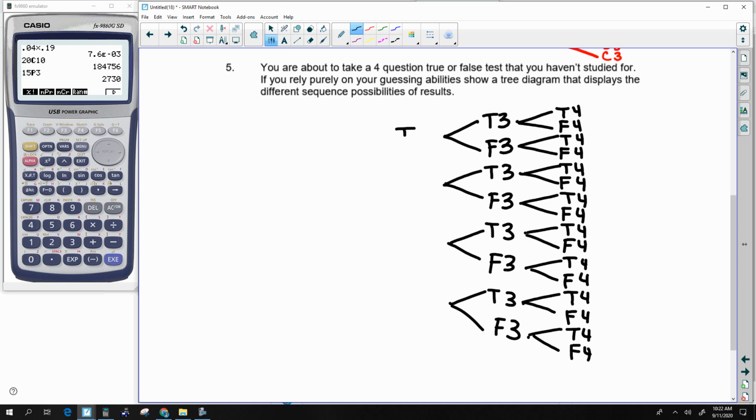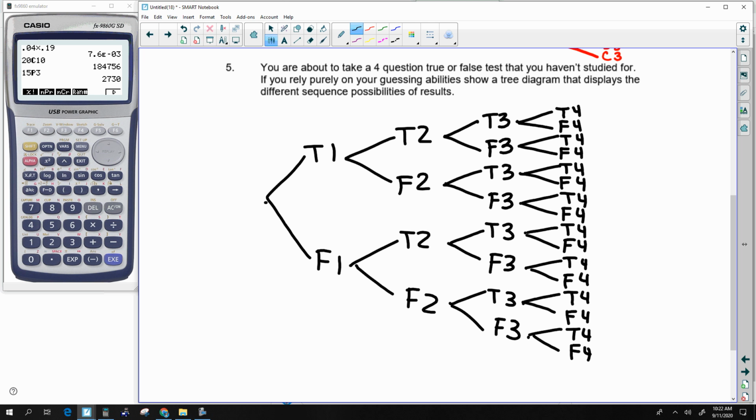On to question 2. Back to question 1. That's where you start.